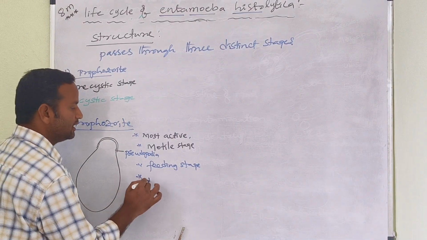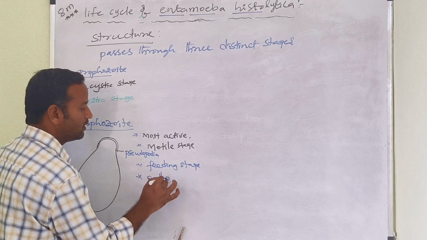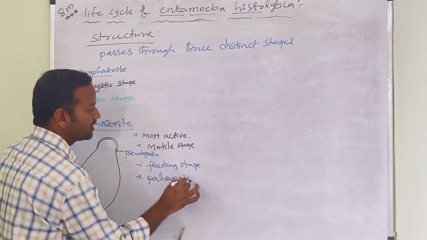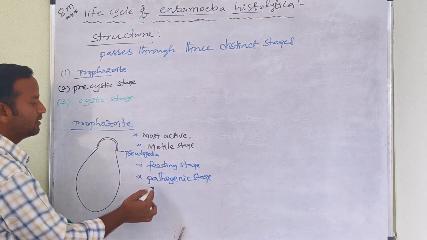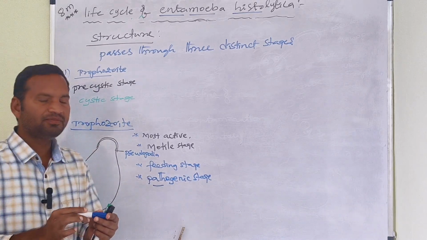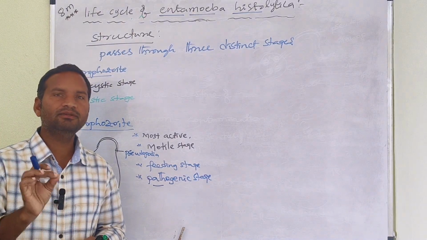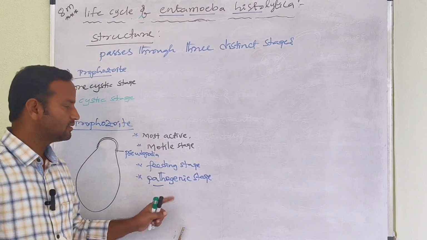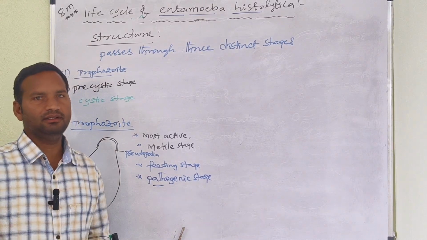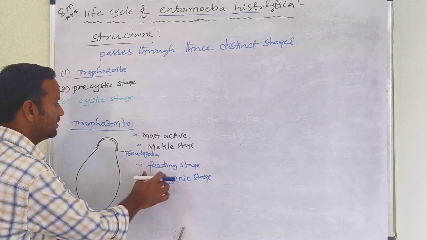It is otherwise called the pathogenic stage. Do you know the meaning of pathogenic? Pathogenic means it is the infective stage to man, which causes disease. That's why this is called the pathogenic stage. Got it?